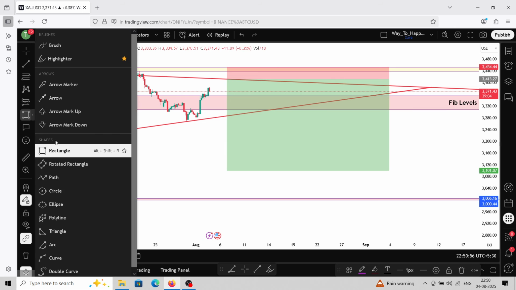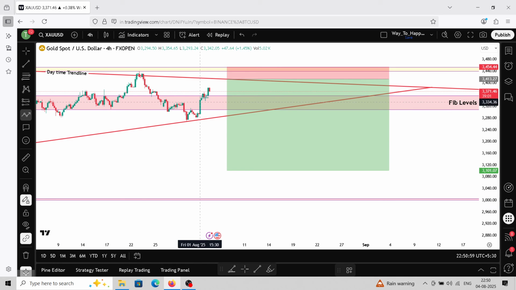How can the prices behave? The prices can behave like this, where the prices will keep roaming here, come down, go upper side. One time it will come slightly higher, but the candle will not close above the trend line. Then it will come back again, and this time my trade will be activated.